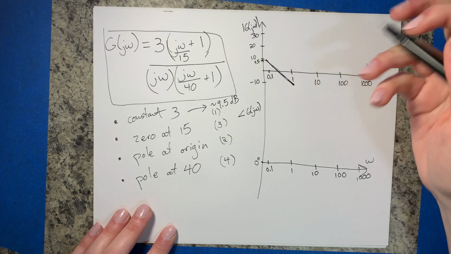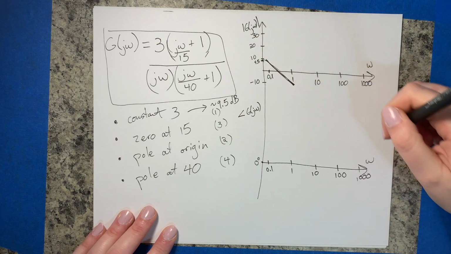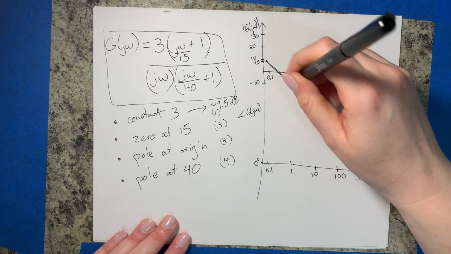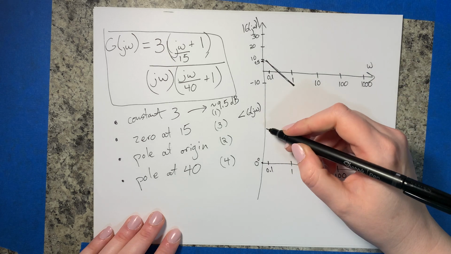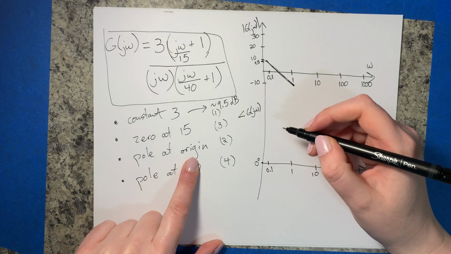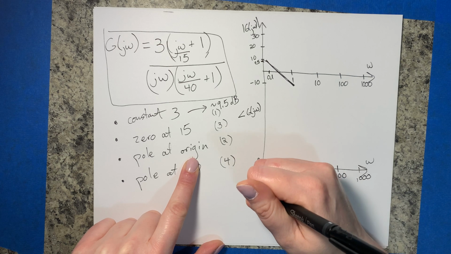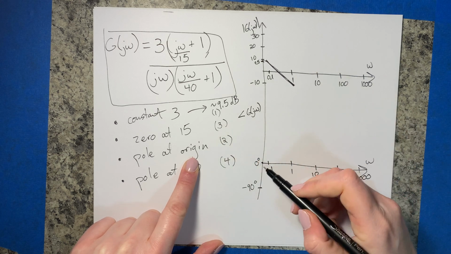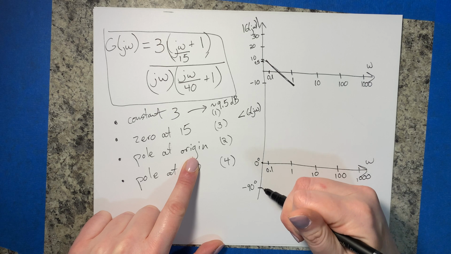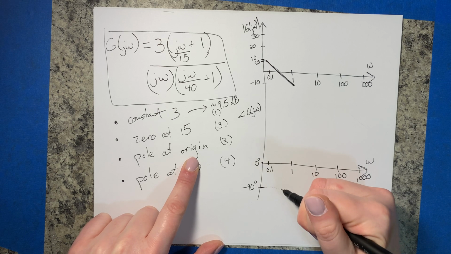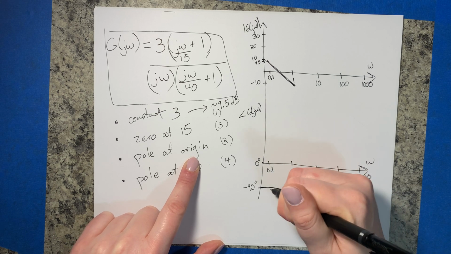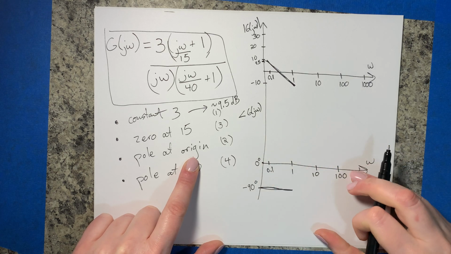It would continue to go down and have that negative slope. So the pole of the origin actually has a big shift, -90 degree shift for our phase plot. So what we can do is just immediately draw in that -90 degree shift.